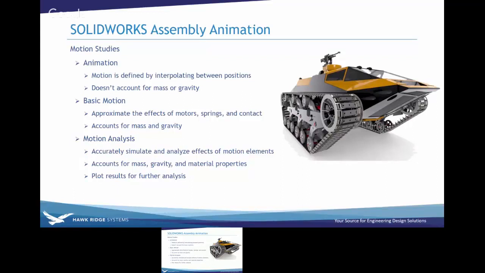So it will run fairly quickly because it's not doing a full solution, whereas motion analysis will do a complete solution. So motion analysis will tend to be slower than a basic motion study, but basic motion is a good approximation.